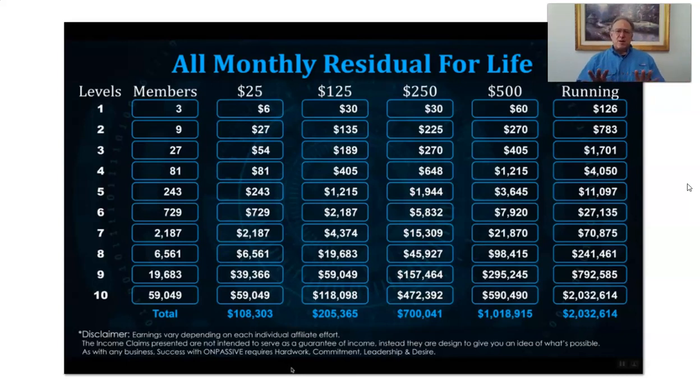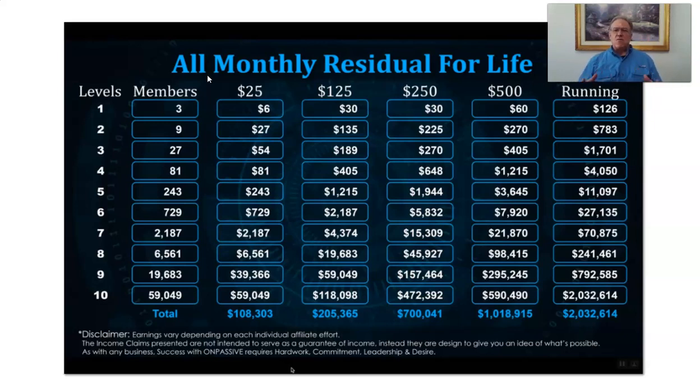But this is a 3x10 forced matrix. And what does that mean? It means that it's got 10 levels. As anybody comes into the matrix and takes a position, you can only have 3 people in your first level, and from there, everybody else that comes into your organization, regardless of how they come in, will roll down below you and affect the people in your organization down below you.